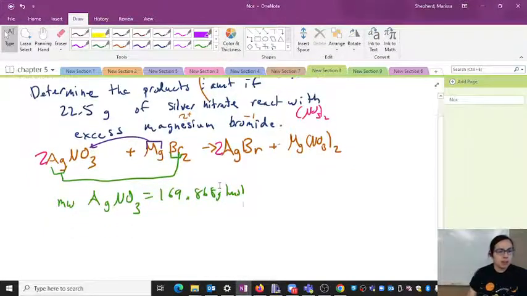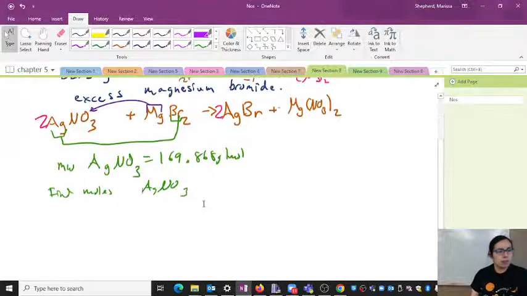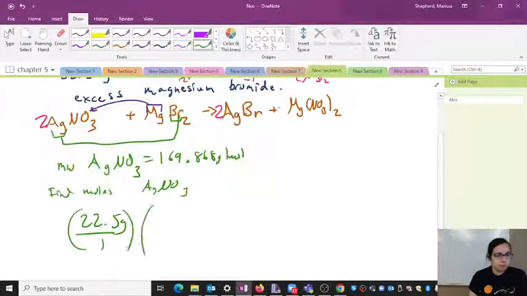So now we can get our moles of silver nitrate. So we take our 22.5 divided by its molecular weight. You would just round up to 170 on 169 molecular weight? You could. I wouldn't penalize you for that. I just felt like leaving in those digits.